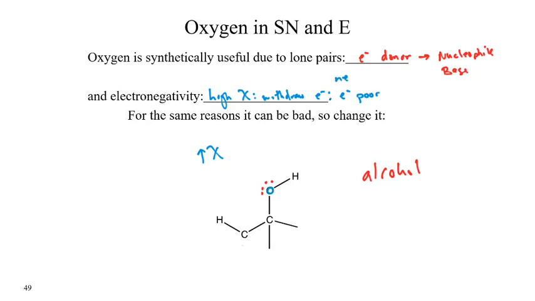So neighbors become electron poor, which then means they could accept electrons from somewhere else. And we now have the potential for electrophiles and for acids. Okay, so synthetically that's cool because we now have access to all of our potential reactivities.